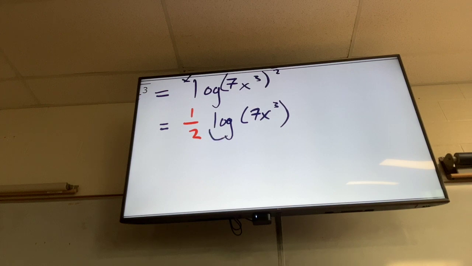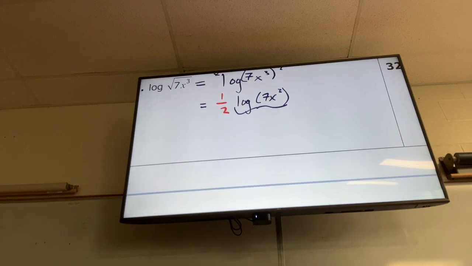Then how do I deal with the logarithm? Log of 7x cubed becomes what? What operation is inside the log? Multiplication. So this becomes 2 logs subtracted or added? Added. So 1/2 log 7 plus log x cubed.